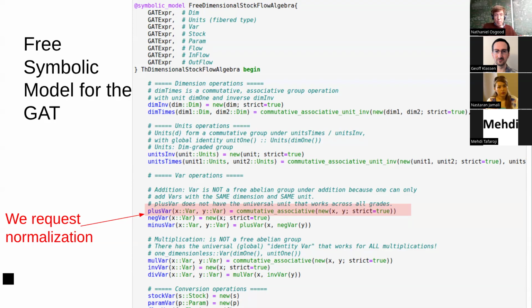So stock I divided by mean recovery time parameter tau, so I divided by tau, is morally the same. It's essentially the same as I times 1 over tau.